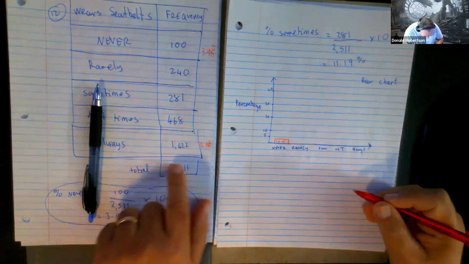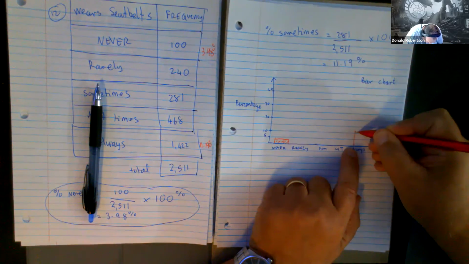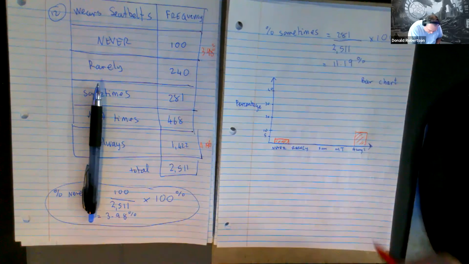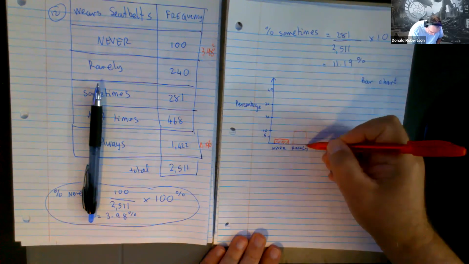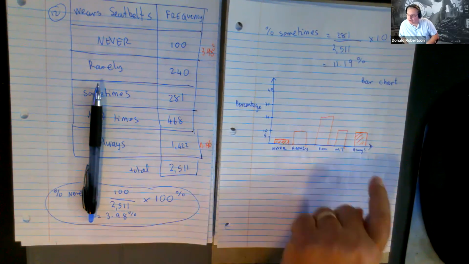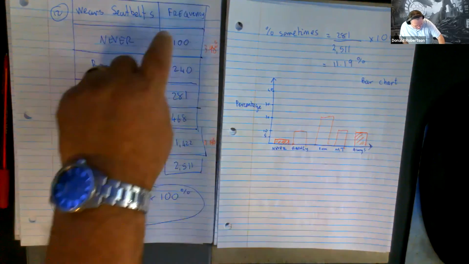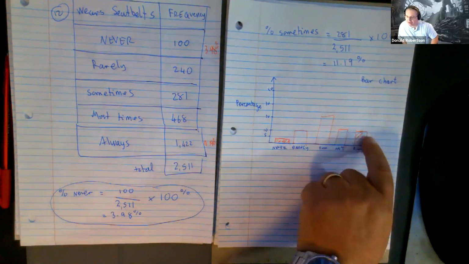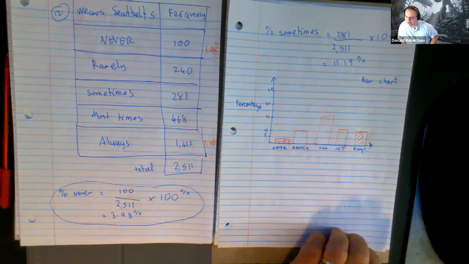And the 11.19, the always, is roughly about here. I'm not making any attempt to be accurate here, but imagine you would do rectangles for the others. That would be a bar chart. You would use the numbers that you got from these percentages to create how high each of these rectangles or bars would be. Make sense?